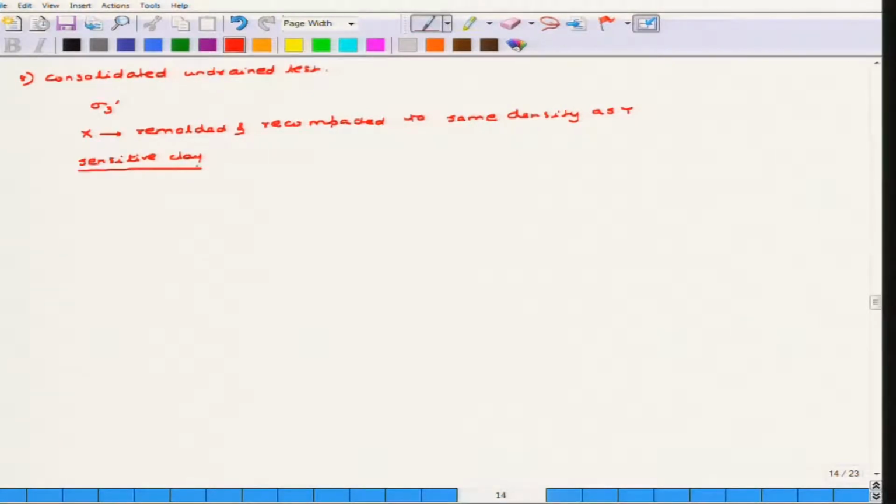Now, as you all know, if you consider a sensitive clay, then when you remold it, it completely loses its shear strength. So obviously the shear strength will almost decrease to 0, because you have seen figures where the clay after remolding, if it is a sensitive clay, will flow like a liquid.